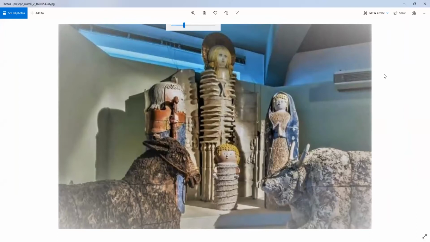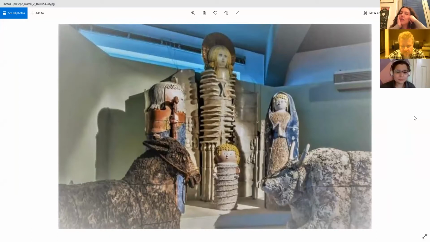I think what was not clear from the start was that this basically has its roots in traditional popular culture and popular crafts in Abruzzo. And so, yeah, it caused a stir. My opinion is some parts are interesting, but not my favorite nativity scene in the world. What do you think, Natalie?